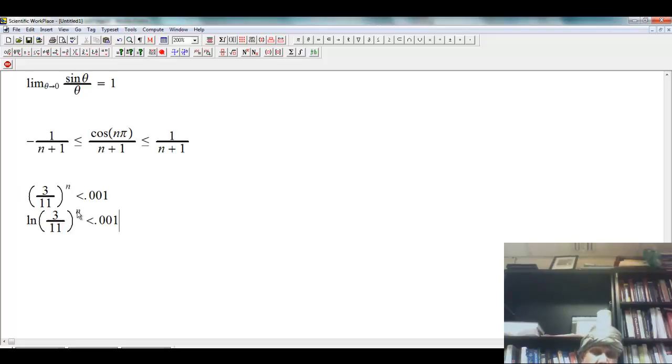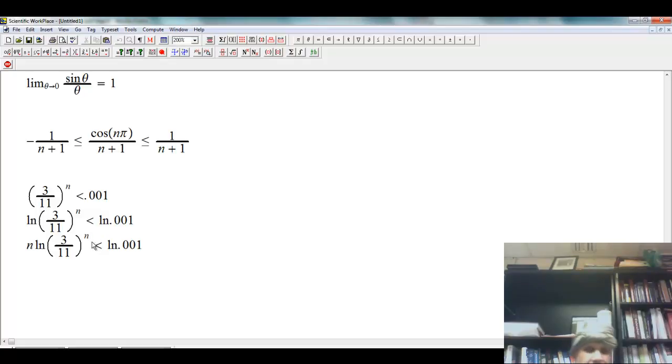You can of course use your calculator to find this value, but let's try to do it analytically. All right, am I making sense?